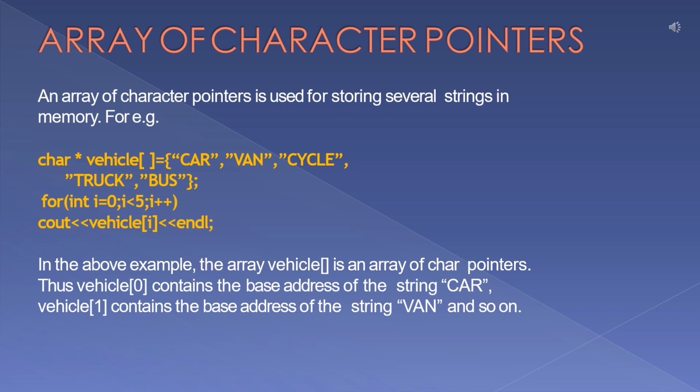First it will access the row, the second part is the column. So you have a pointer vehicle of arrays. Vehicle of 0 will give you car, vehicle of 1 will give you van. So vehicle of I you are printing, and I refers to the index value.